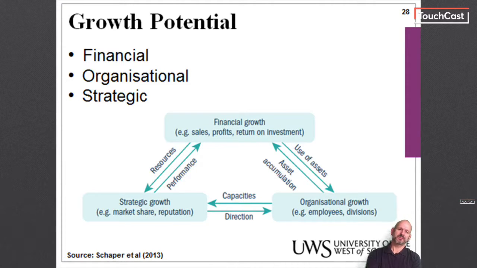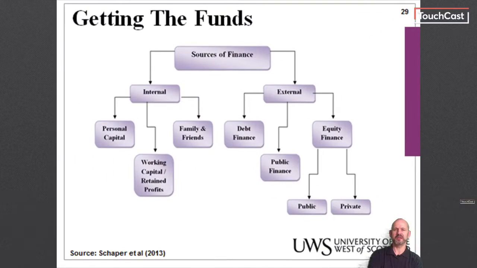So now we need to explain where we're going to get the funds from to actually start the business. Now, in general terms, there are two routes to obtaining funding: internal sources and external sources. So let's look first at internal funding, and we'll start with personal capital, and this is your own money, whether it's come from savings, redundancy payments or inheritance.